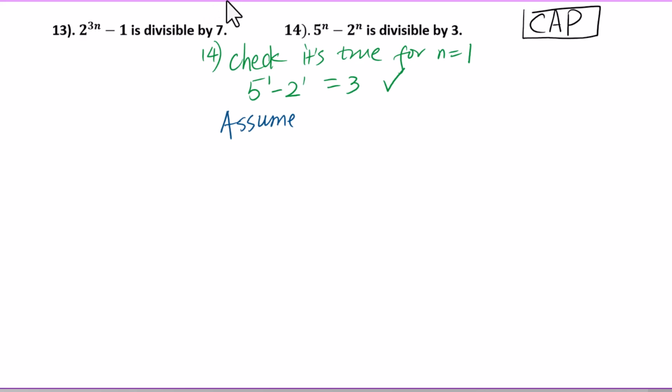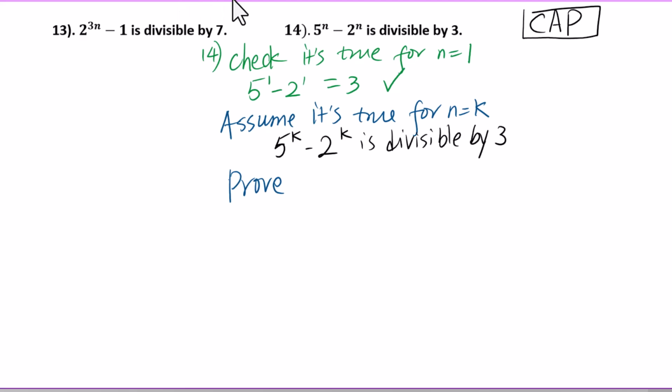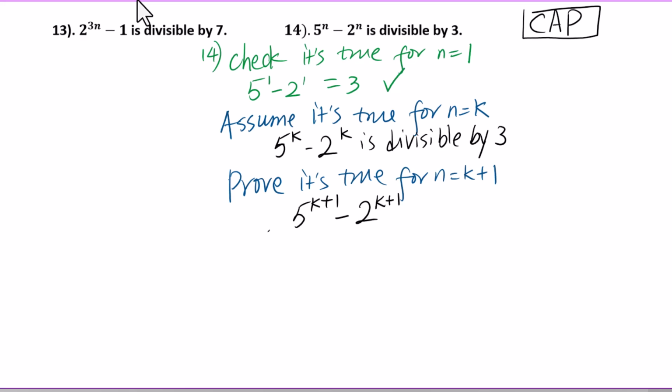Assume it's true for n equals k, which means 5 to the kth power minus 2 to the kth power is divisible by 3. We want to prove it's true for n equals k plus 1, which is 5 to the k plus 1 power minus 2 to the k plus 1 power is divisible by 3.